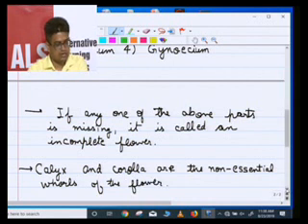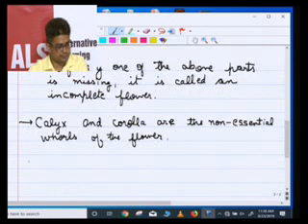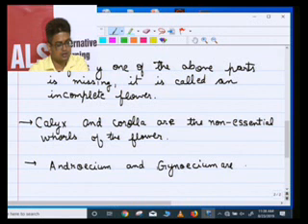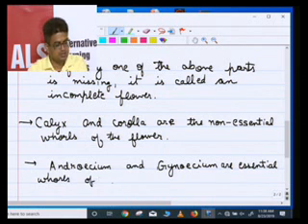Androecium and gynoecium are the essential whorls of the flower. Without androecium and gynoecium, a flower is not considered to be useful.